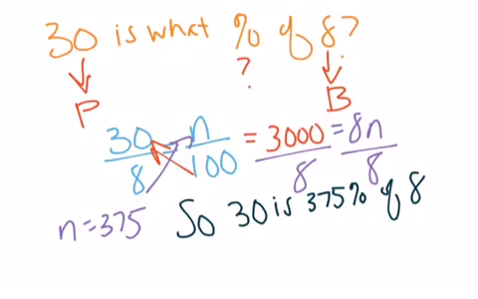Cross multiplied. I got 30 is 375% of 8. Just because you get a percent over 100 doesn't mean it's wrong. What follows "of" is your base, and 30 is usually around the word "is." We were looking for percent because we're missing the percent sign.